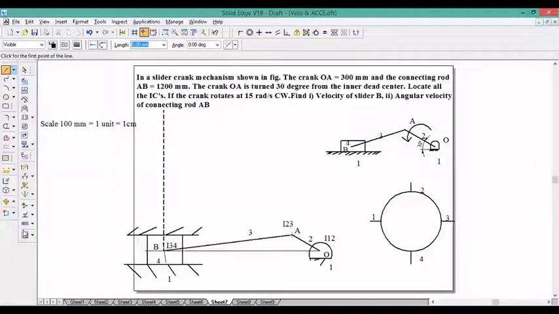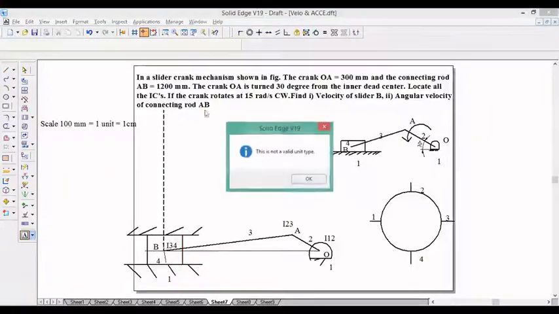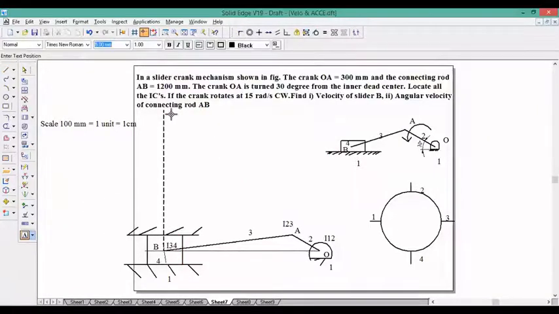For linear motion, the instantaneous center will be at infinity. So it's going to be perpendicular to the direction of motion, at infinity. So this is I14 at infinity.